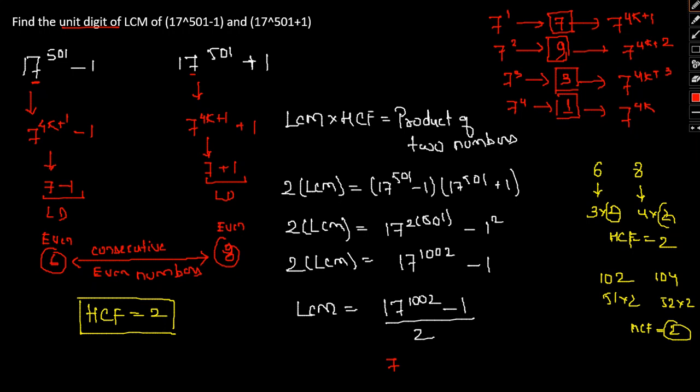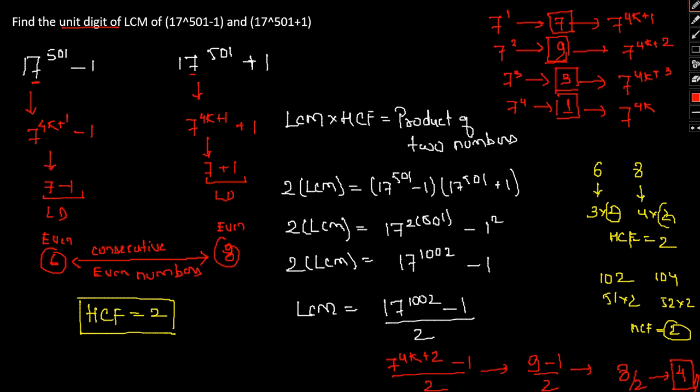So 7 to the power 4k plus 2, minus 1, by 2. The unit digit of 7 to the power 4k plus 2 you can see is 9. So 9 minus 1 by 2, or 8 by 2, and our answer will be 4. So the unit digit of the LCM will be nothing but 4, which will be our answer.